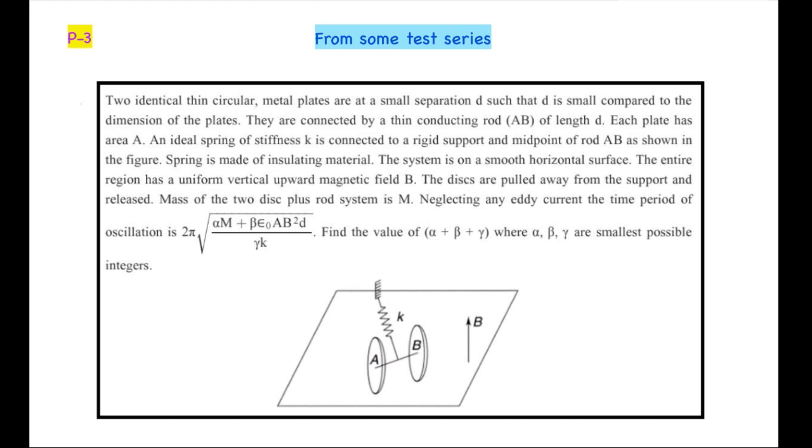The system is on a smooth horizontal surface. The entire region has a uniform vertical upward magnetic field B. The disks are pulled away from the support and released. The mass of the two disks plus the system is m. Neglecting any eddy current, the time period of the oscillation is as given, and we have to find the value of alpha plus beta plus gamma, where alpha, beta, and gamma are integers. So this is also a very similar problem.